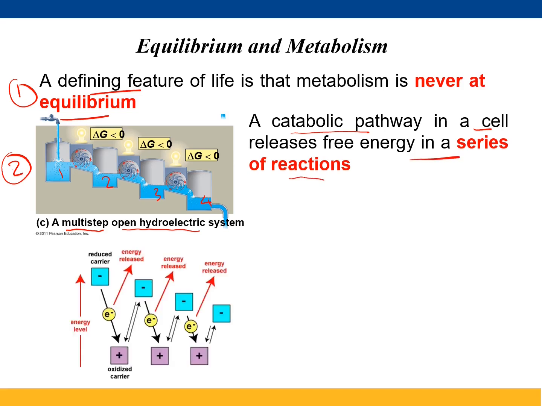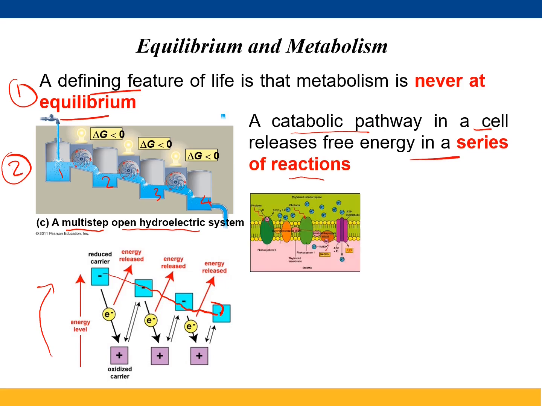So for example, instead of having water, what we're going to play with is energy levels of electrons. And with enzymes, we are going to start collecting energy using these changes in energy levels of electrons. This will happen in photosynthesis or in cellular respiration.